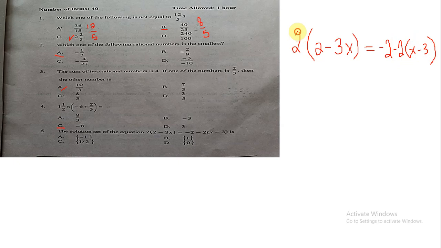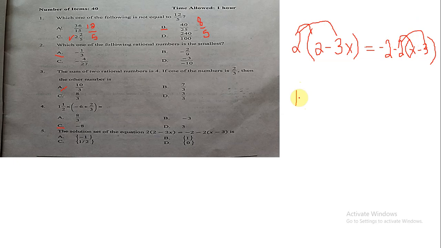Now first of all we will multiply 2, which is outside the bracket, with the numbers inside the bracket: 2 times 2 and 2 times -3. And here what we have, -2 times x and -2 times -3.